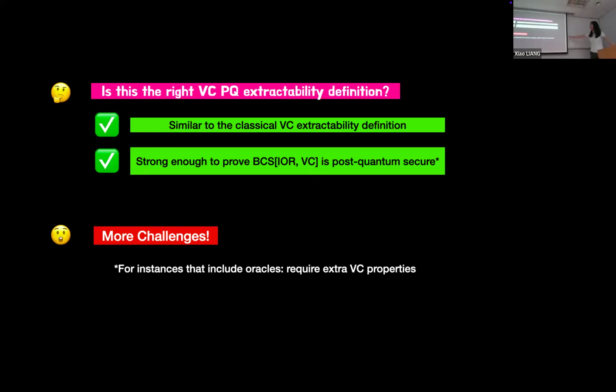Yes, this is an extremely simplified notation. And there are more challenges than what I'm just mentioning, because we actually require extra VC properties to prove it for IOR for this exact reason. And for knowledge soundness, since it's stronger than soundness, you also need the VC property to be a bit stronger.